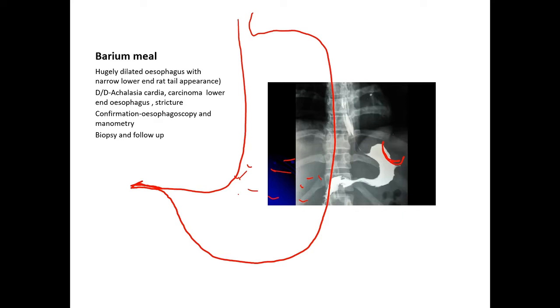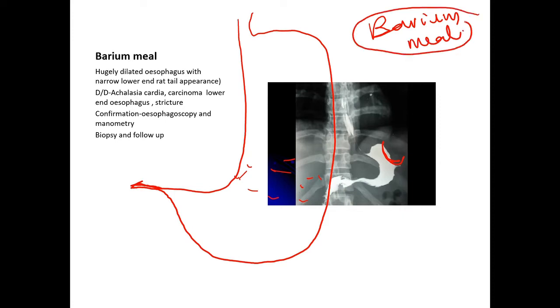Now, the bottom line is not all about the barium meal per se, but in your exams, the questions that follow are usually around gastric CA and gastric outlet obstruction.